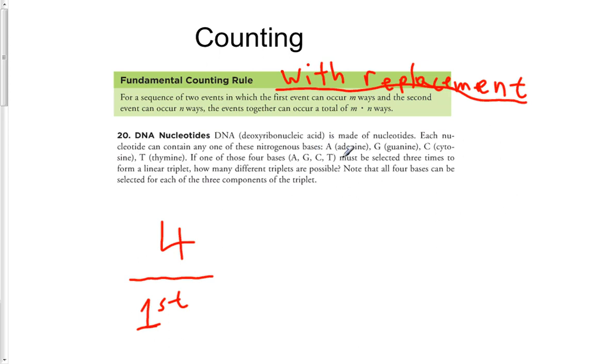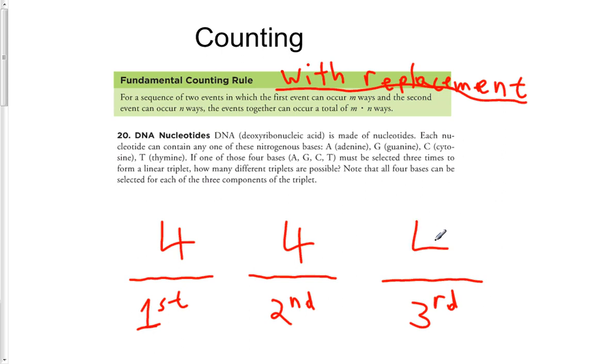So I have any one of these four letters, A, G, C, or T, that can be selected for the first letter of the triple. Now, for the second letter of the triple, I can also select any of the four nucleotides. And the third selection is also of any of the four nucleotides. So each one of these selections can be made any of four ways.